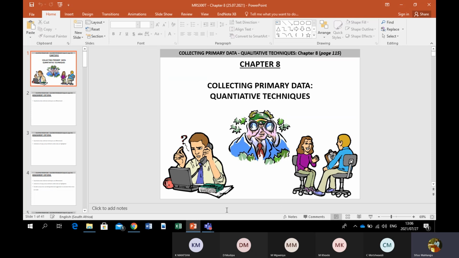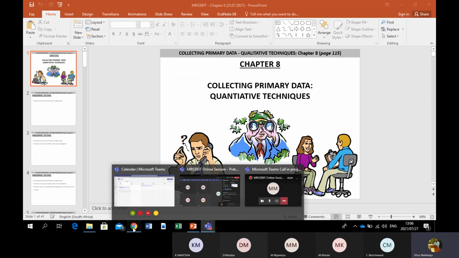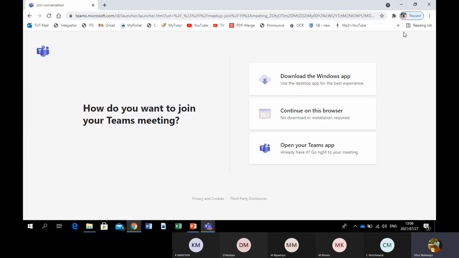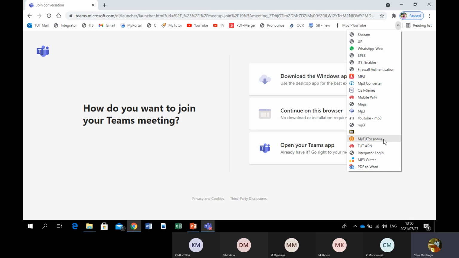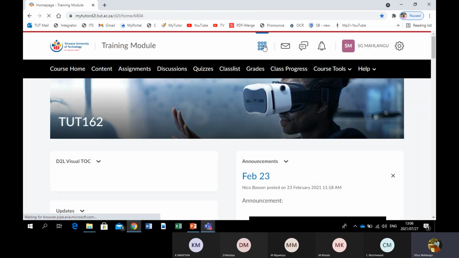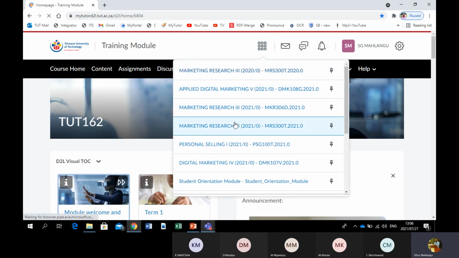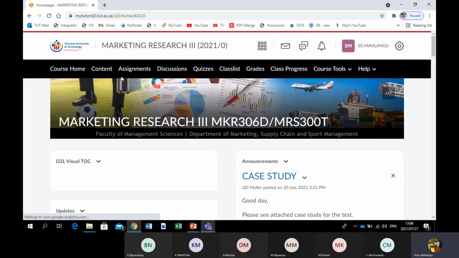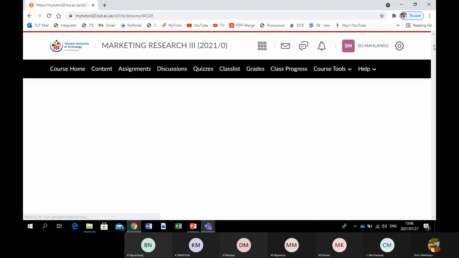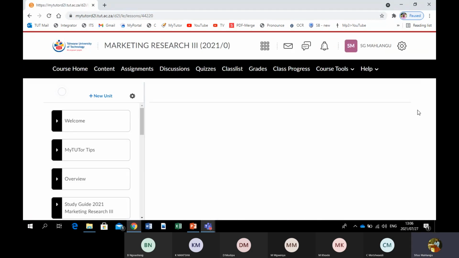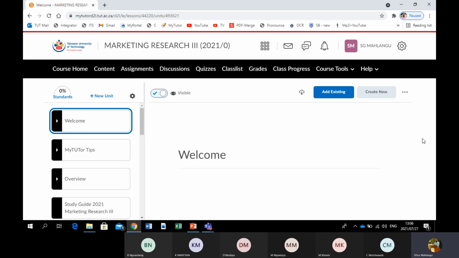I will also be referencing the marketing research proposal, because when you do practical application, you'll need to actually apply this practically to the case study. So if we log into Brightspace and go to the subject, marketing research, and then under content, we've got the basic guidelines that everyone should have by now.